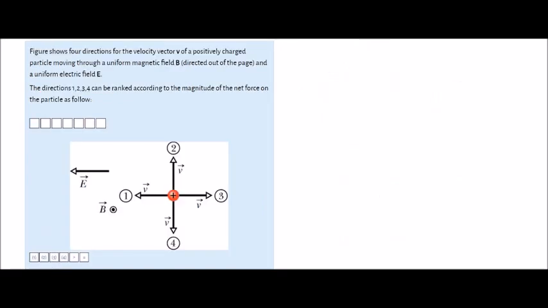Next question is about when you see B and E, that's a Lorentz force, right? All right. So the figure shows directions for the velocity vector V of a positively charged particle.